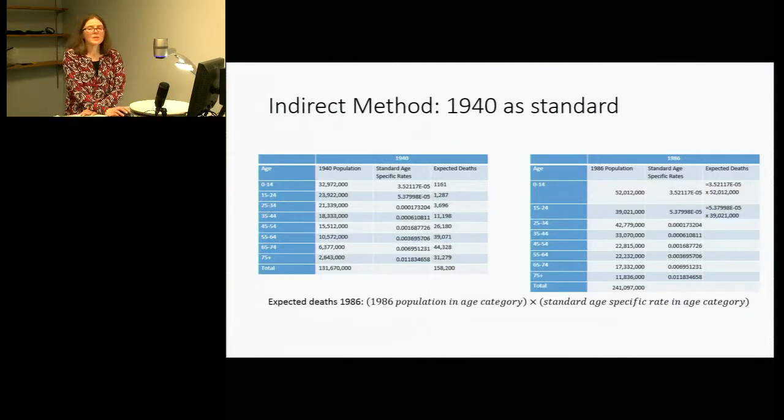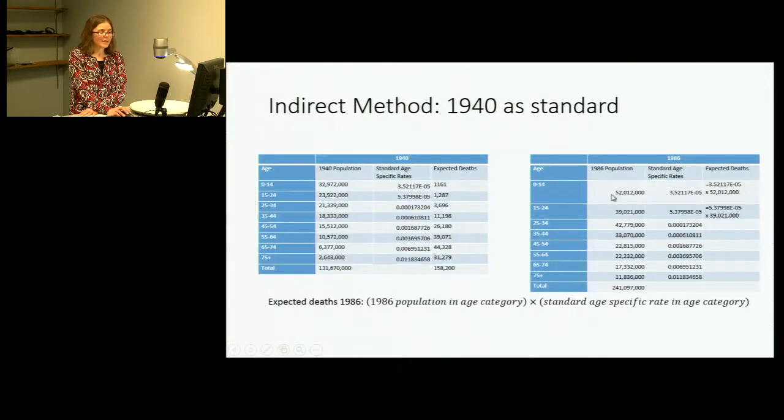When I apply this to 1986, again, I'm using the real population composition from 1986, but I'm using standard age-specific cancer death rates, which came from 1940. So I'm kind of saying, okay, if the population had the makeup that it did in 1986, but the cancer death rates that occurred in 1940, how many deaths would I have expected to occur?